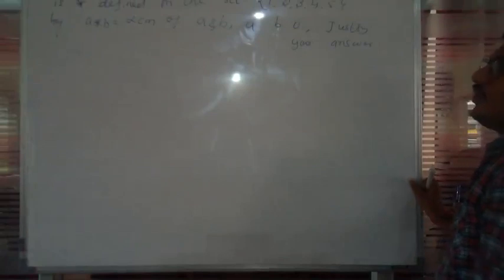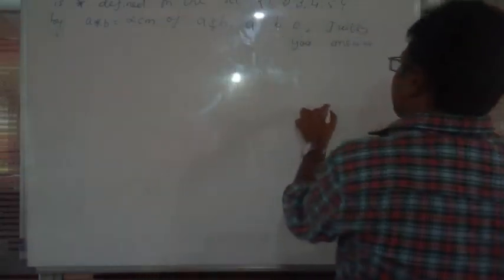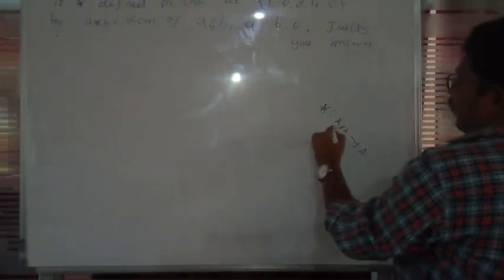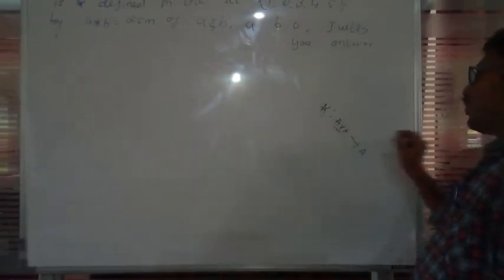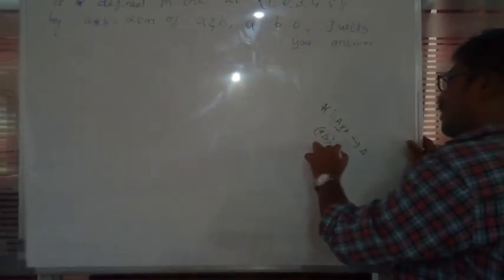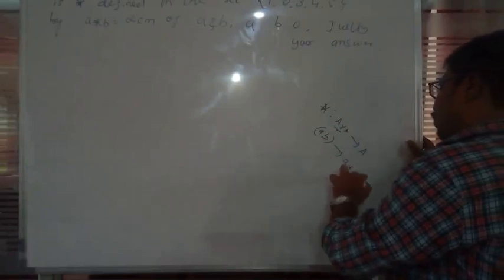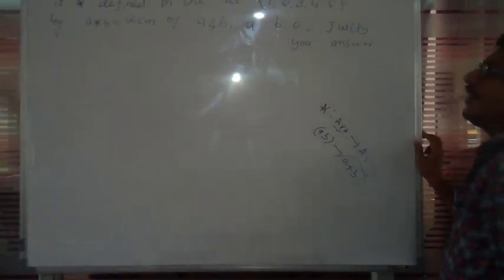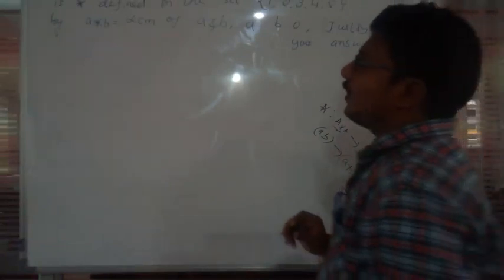A binary operation tells us star is from A cross A to A. It means whatever elements you take from the Cartesian product, after applying the operation between those two elements A, B, the result must also be present in the same set. That is called a binary operation. Just check that; it is a one-mark question.